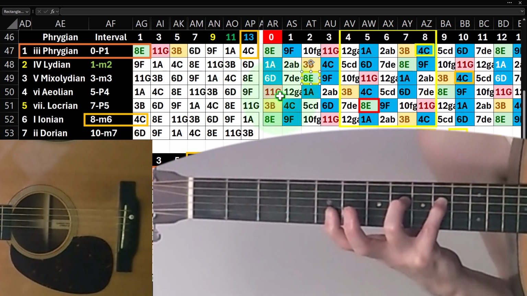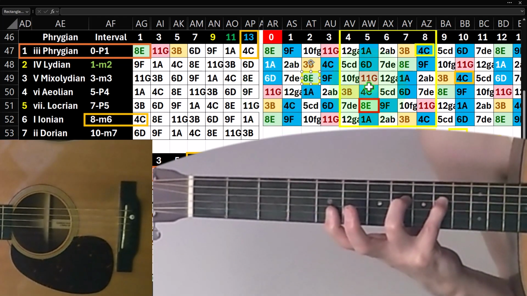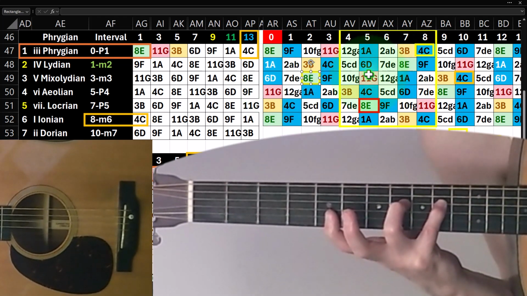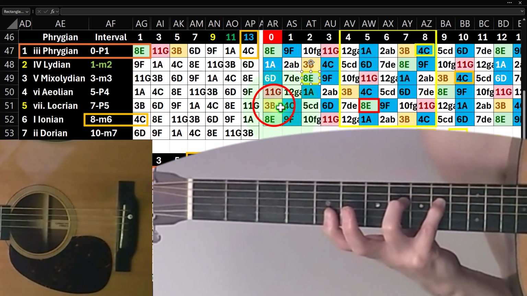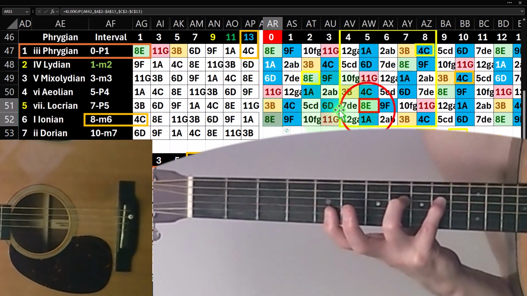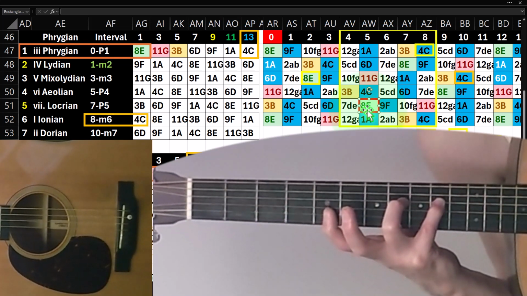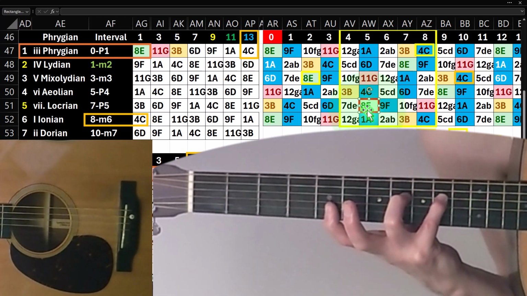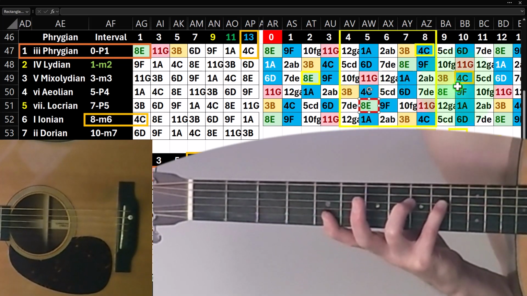So the rule is, if I go up 2 strings, the 8-note away minor 6 will be 6 frets forward and 6 frets back, unless I cross the fault line, which would happen on the B and the E string, in which case if I go up 2 strings and cross the fault line, I would typically want to go forward because it would be a lesser distance, and it would only be 5 frets forward in that case.